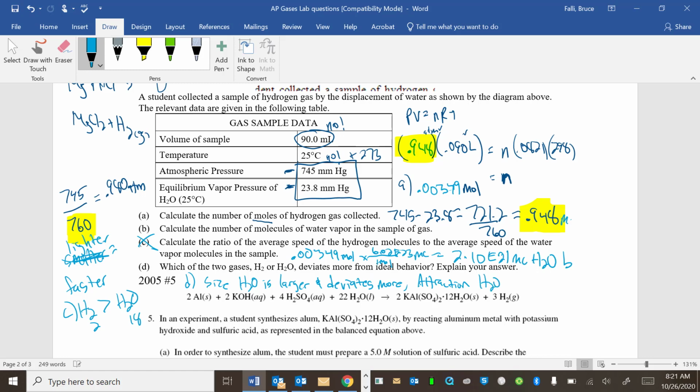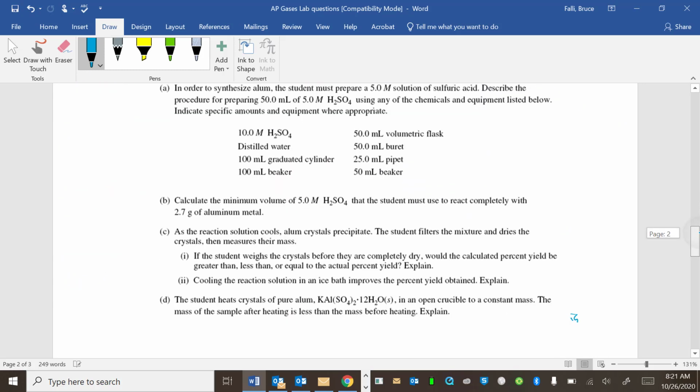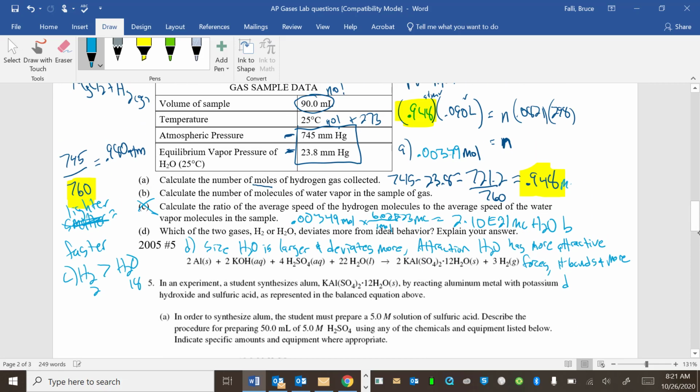H2O, for two reasons, has more attractive forces. H bonds and more dispersion forces. Okay. And there you go.